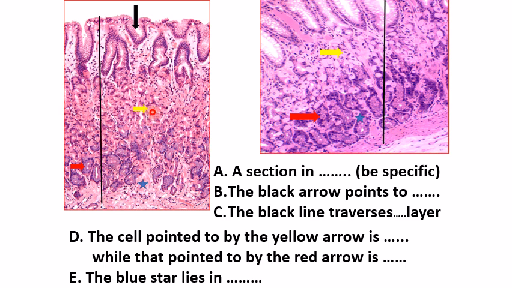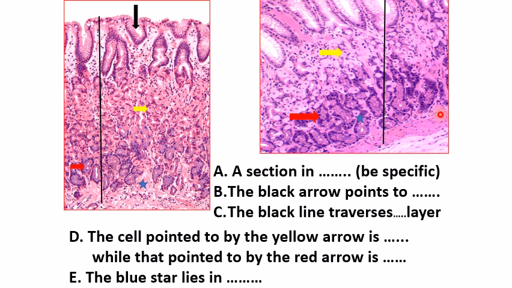The cells pointed by the yellow arrow are acidophilic, so they are parietal cells. The red arrow points to dark basophilic cells, which are the peptic cells. And the blue star here is the muscularis mucosa.